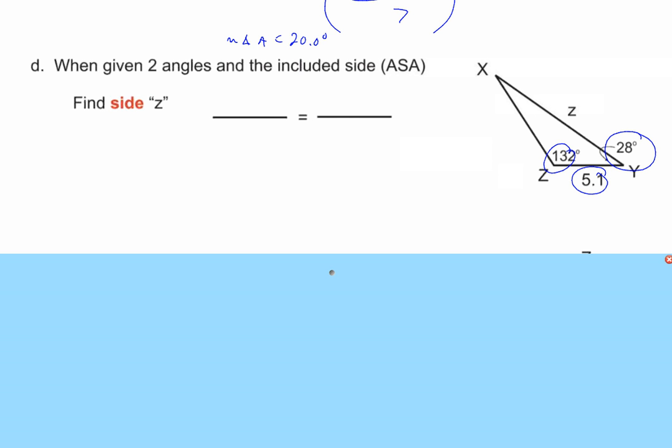We wouldn't be able to find this other side. That's for tomorrow, the law of cosines. Can't find that with the law of sines, but we can find z. All right, so I'm going to do z up here, but you try to do it on your own while I'm doing it up here. If you need help, you can look up here, all right? Set up your proportion and go ahead and solve it and see if your answer makes sense.